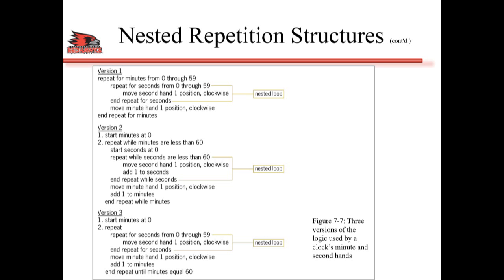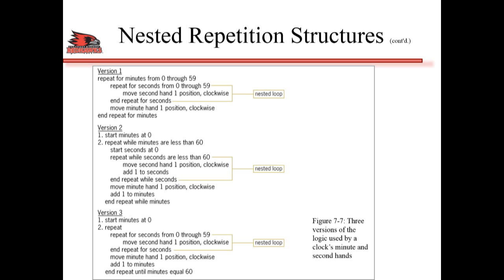So it repeats for seconds from 0 through 59, moving the second hand one position clockwise each time, for 60 times. Then the inner loop is done, and the outer loop, which is the moving of the minute hand, moves by one, and then again the inner loop is done.